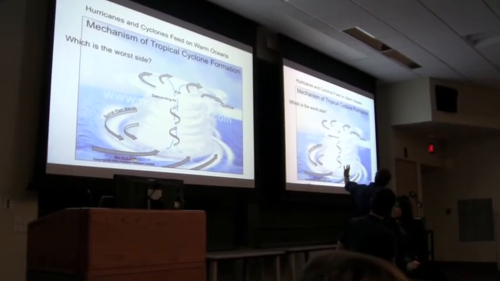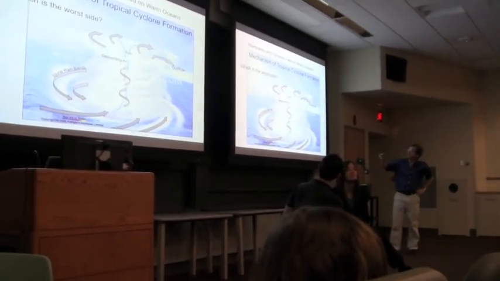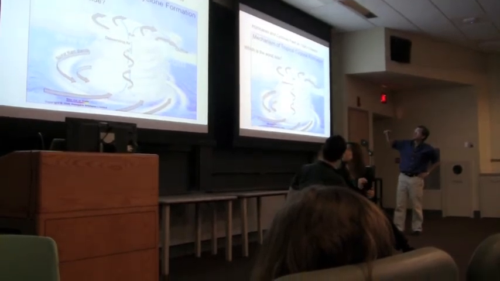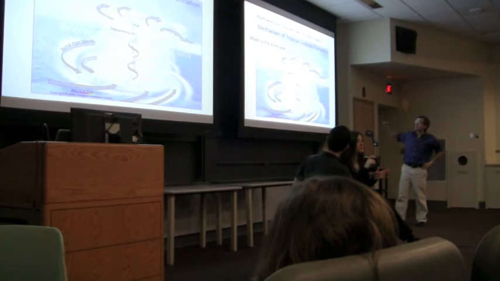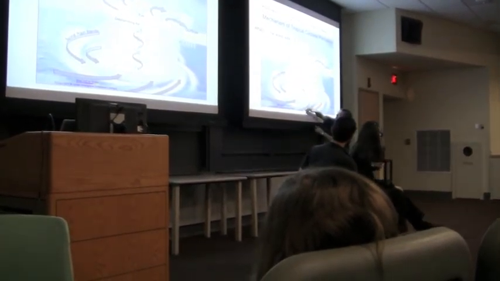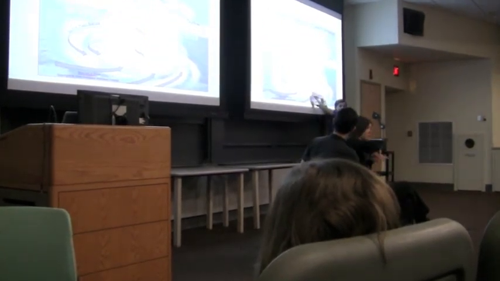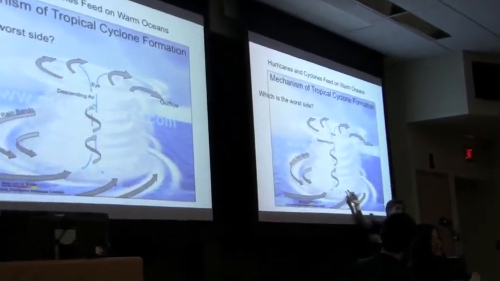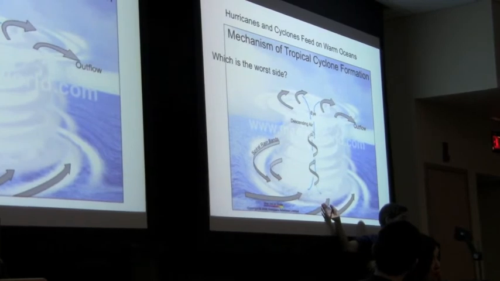So, one important point about the storm is that the storm itself is moving in a direction, and the wind is also rotating in a direction. As the storm is moving in this direction and the wind is moving in the same direction, you have the additive wind speed here. So if the wind's blowing at 100 miles an hour and the storm is moving at 20 miles an hour, you've got 120 mile an hour winds over here.